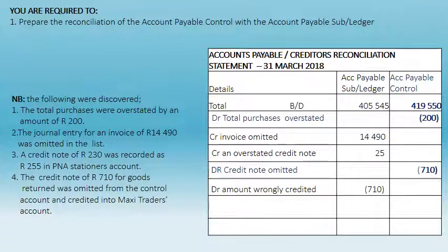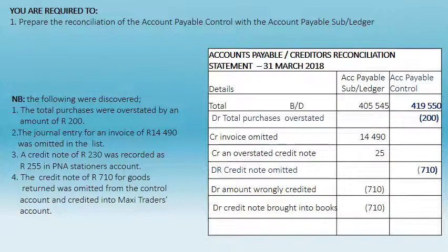Therefore, this debit cancels the credit error that was made when the entry was recorded. The second entry is to bring the credit note into the records. We will therefore debit the same credit note, now bringing it into the accounting books.